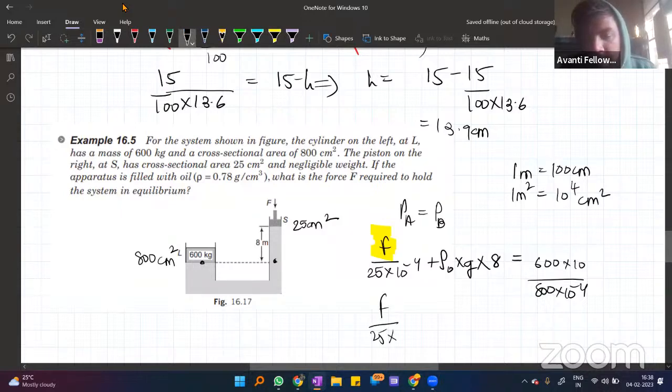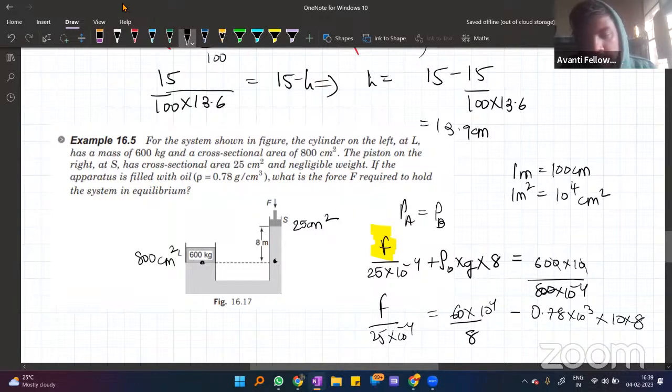F upon 25 into 10 to the power minus 4, which is equal to... 2 zeros and 1 zero will get, these two will get cancelled out. So 60 into 10 to the power 4 divided by 8 minus 0.78 into 10 to the power 3 into G, which is 10 into 8.